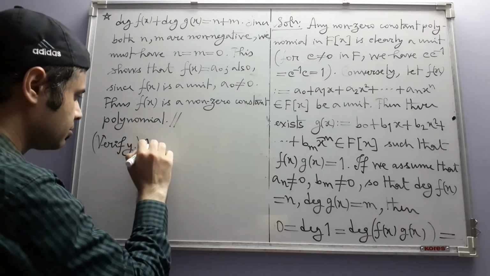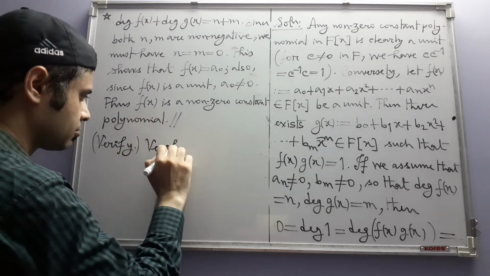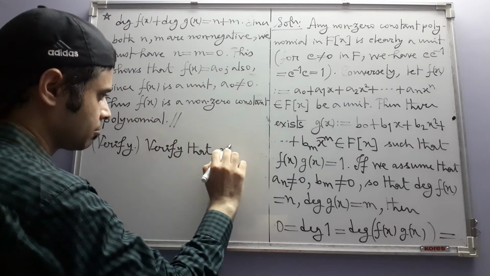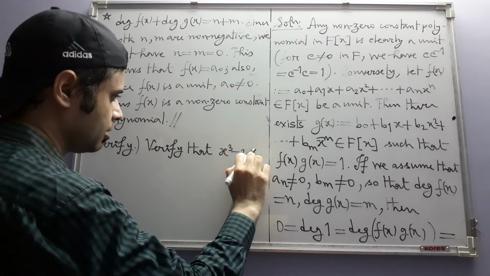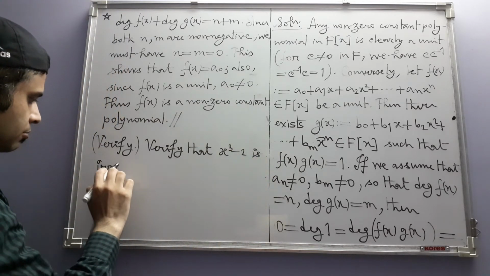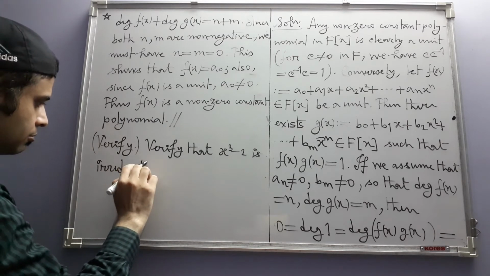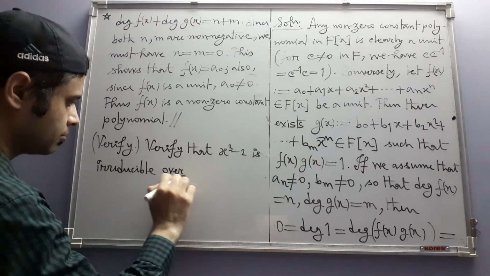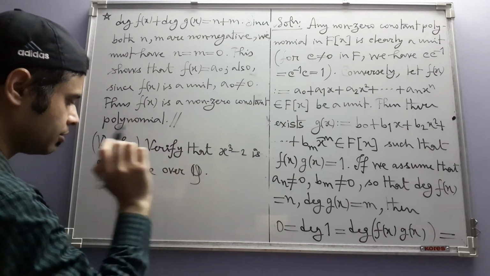Verify that this polynomial is irreducible over the field of rational numbers.